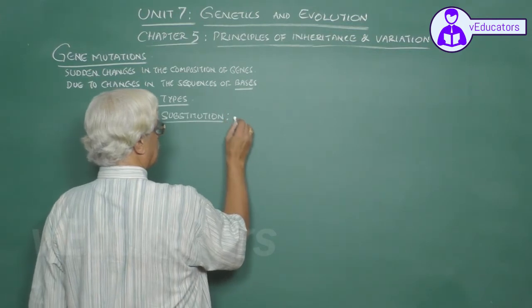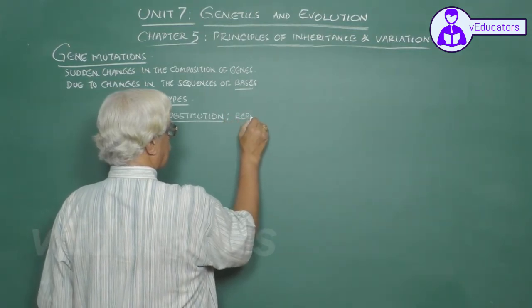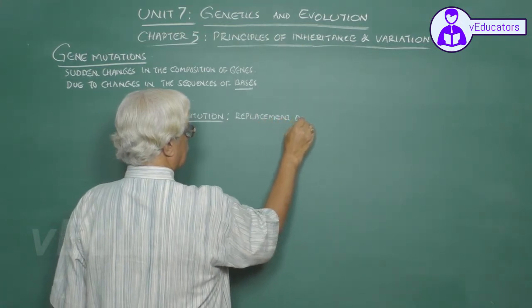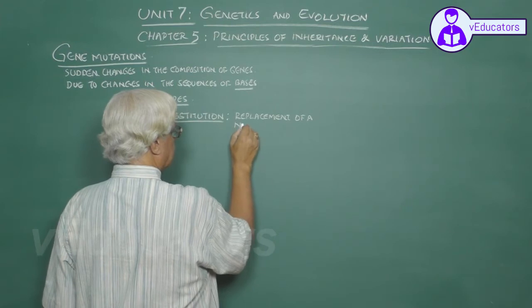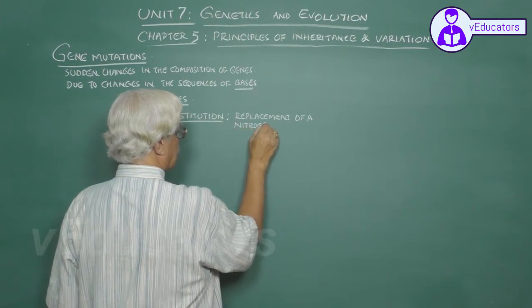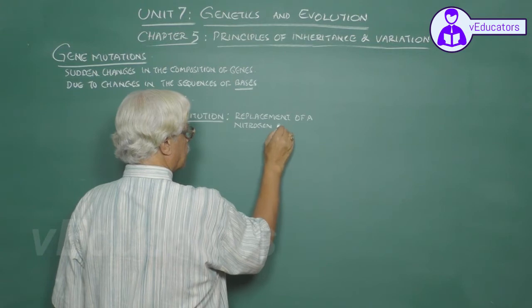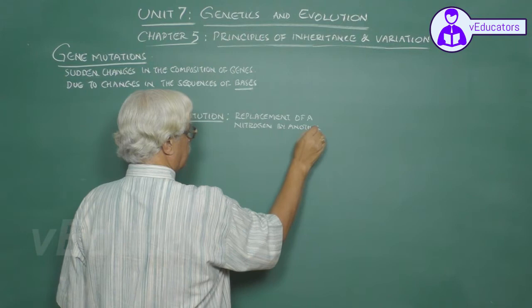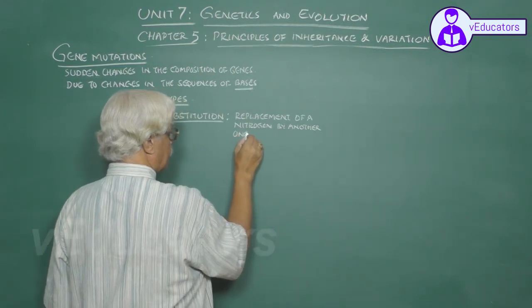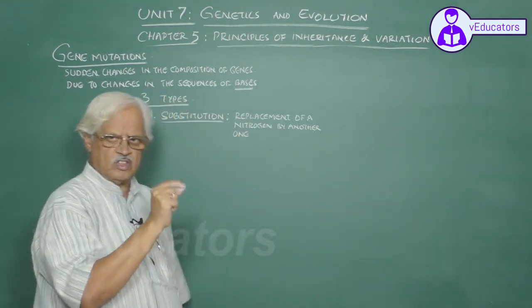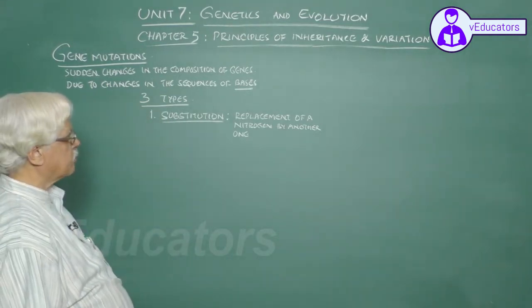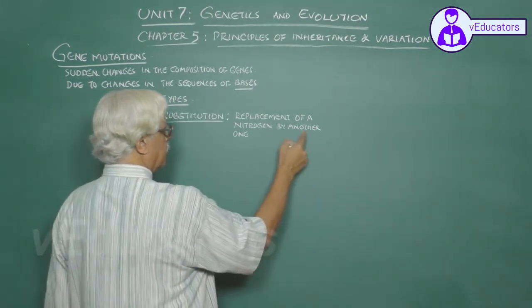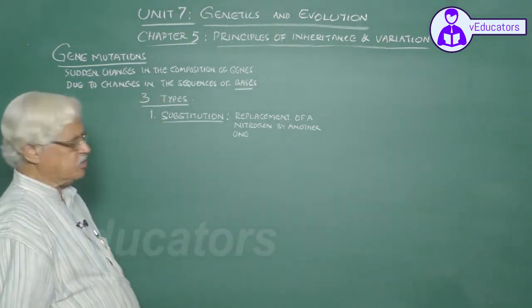Here there is replacement of a nitrogen base in the DNA by another one. So at any given place in the DNA molecule, a particular nitrogen base may be replaced by another nitrogen base.